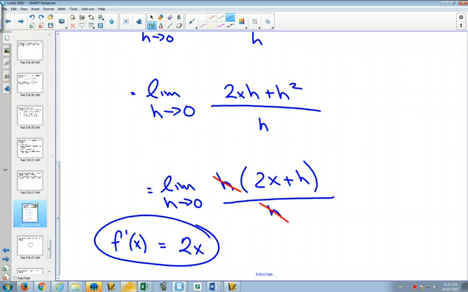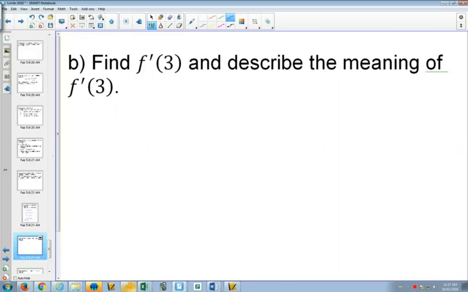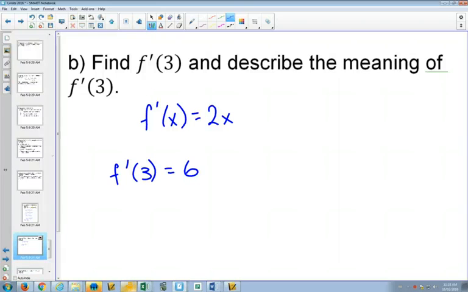So now when we think about what does f prime of 3 equal, what does f prime of 3 mean? Well, now we can take our derivative. We figured out in part A that f prime of any value was equal to 2x. And so f prime of 3 is just plugging 3 in for x. It's going to equal 6.